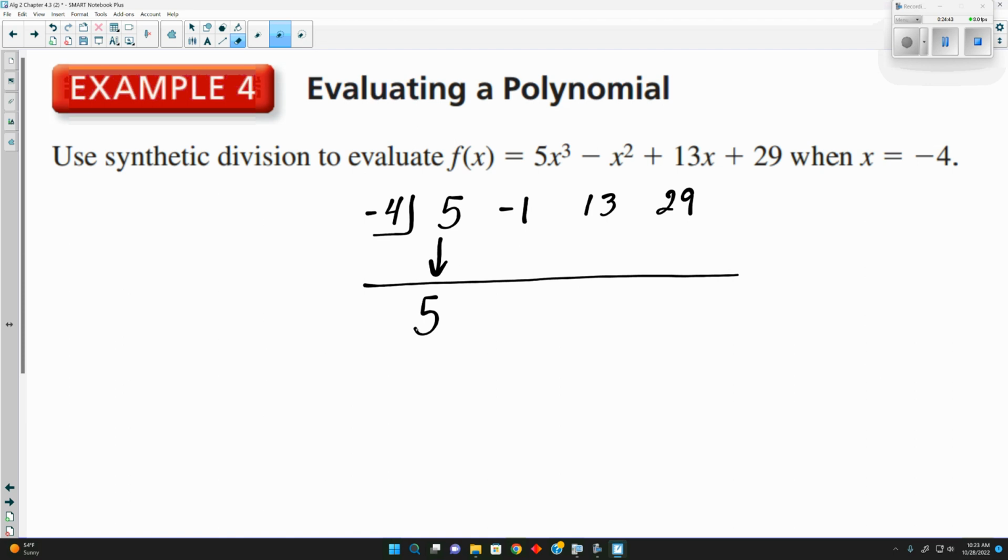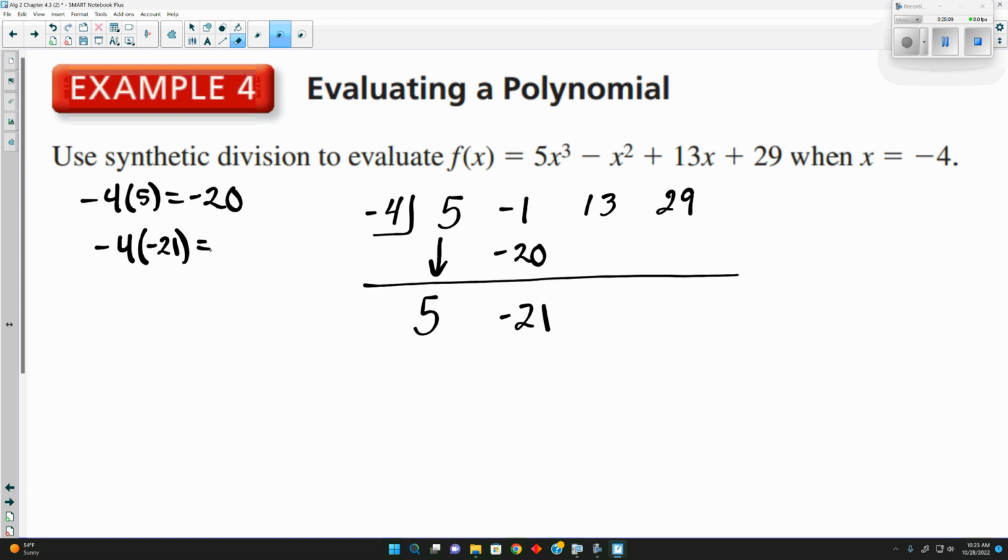We bring down the 5. We'll do -4 times 5 first, which is -20. And if we add straight down, -1 plus -20 is -21. You're good.